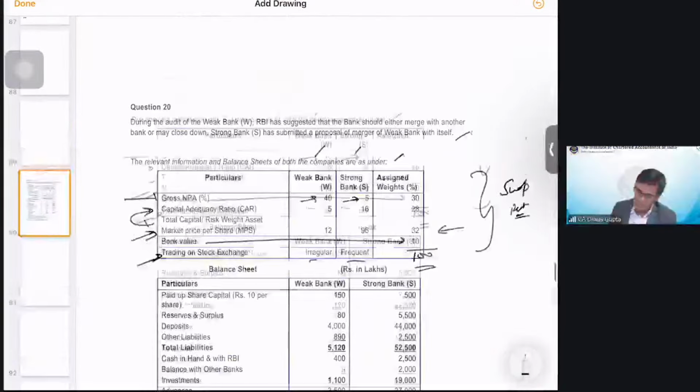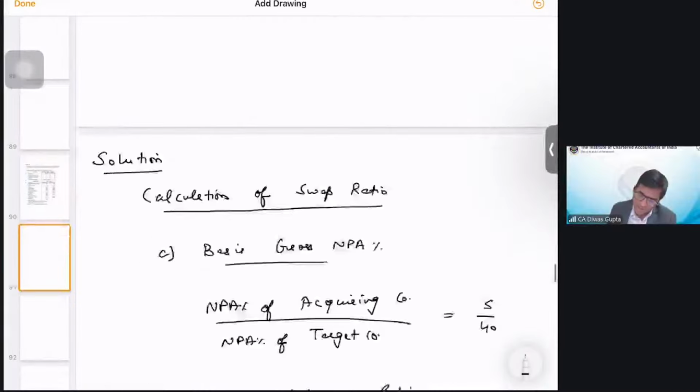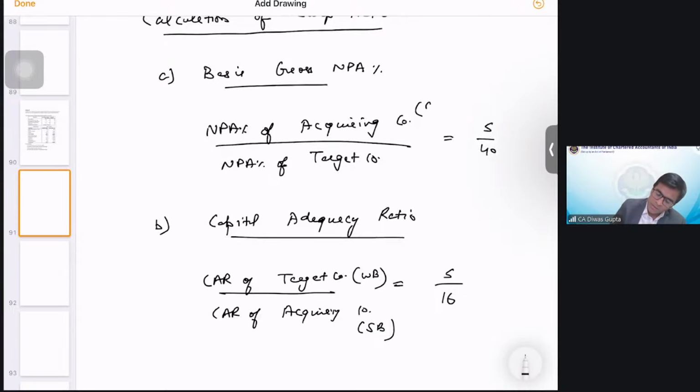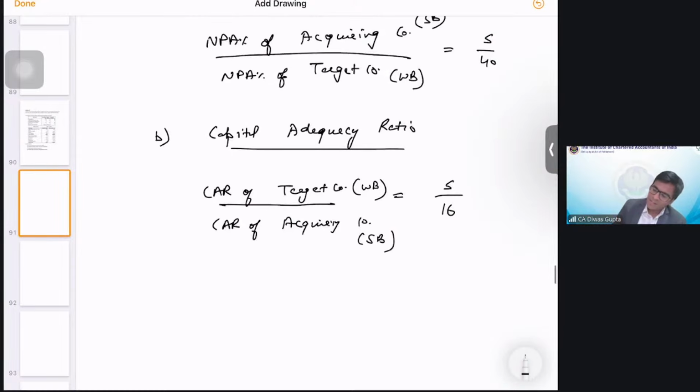This is 5 and 16, 5 divided by 16, or Weak Bank over Strong Bank, as they are referring to here. Only in the case of NPA is it reversed. So this is the second ratio, students.